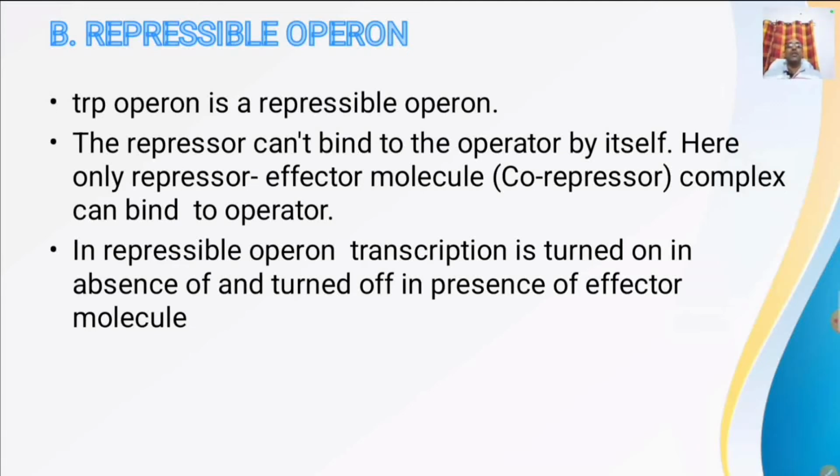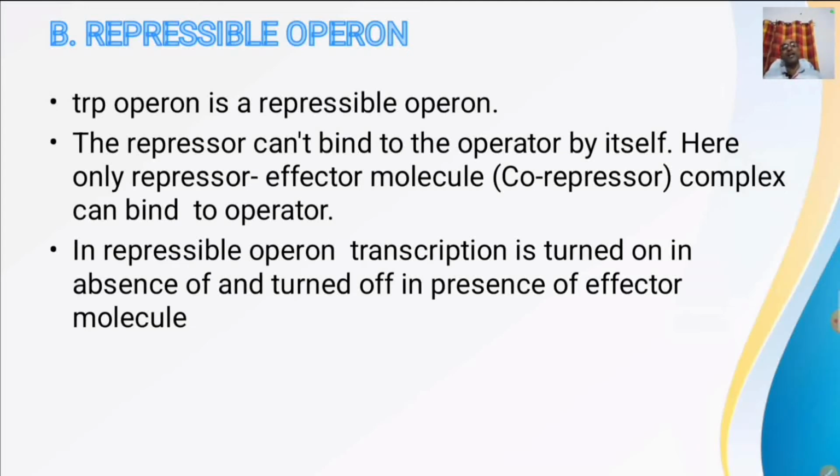So in a repressible operon, the transcription is turned on in the absence of the effector molecule. But when the effector molecule is present, the transcription is turned off. Got it? Just the opposite of your lac operon.